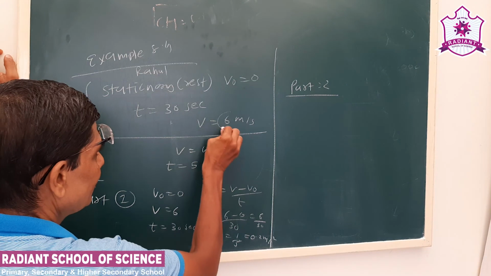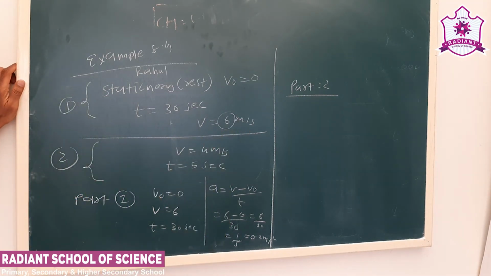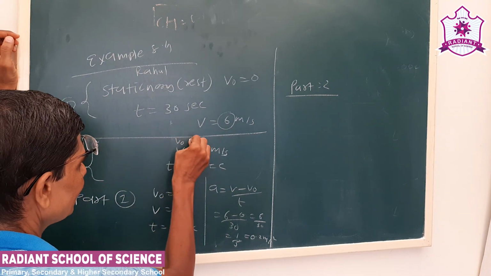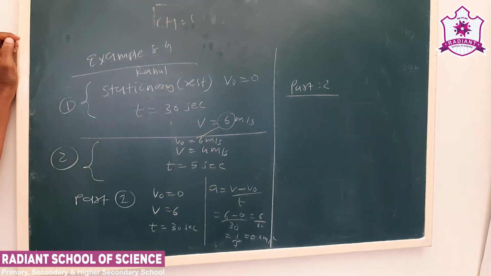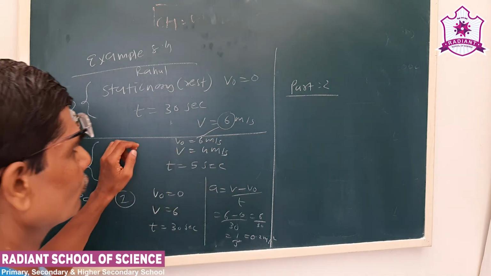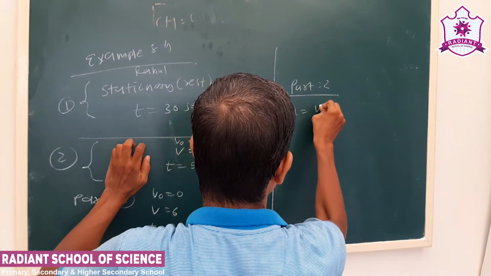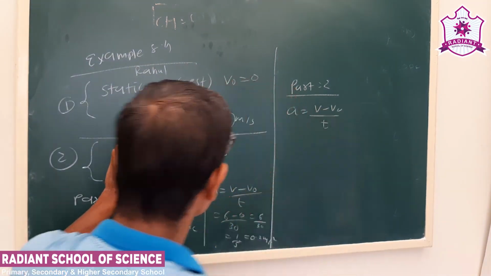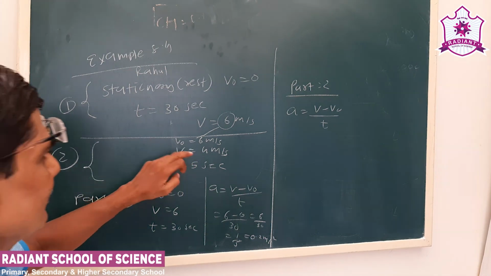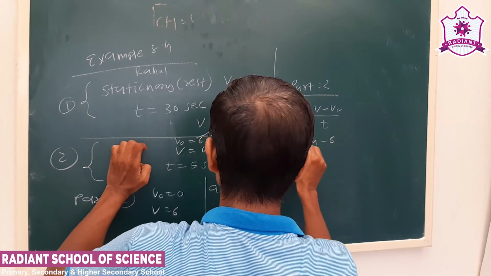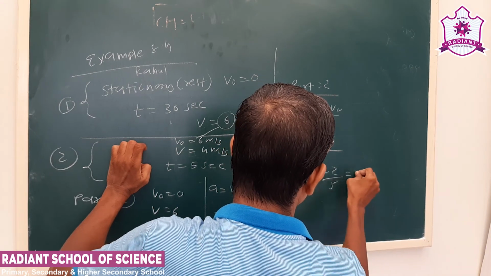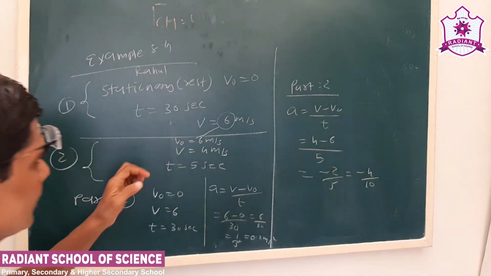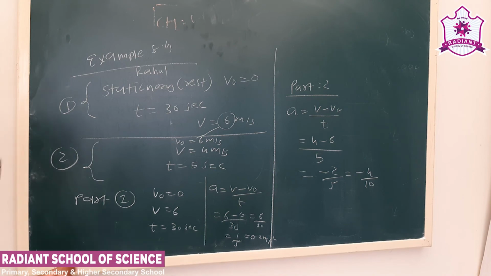This will be the initial velocity, 6. And after 5 seconds, the velocity decreases to 4 meter per second. So here a is V minus V0 upon t. The final velocity is 4, the initial velocity is 6, so 4 minus 6, that is minus 2, by 5. That is minus 0.4.